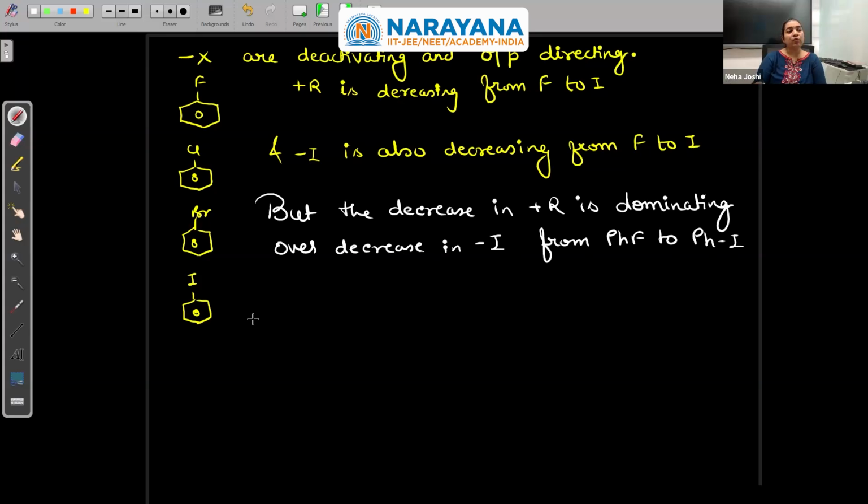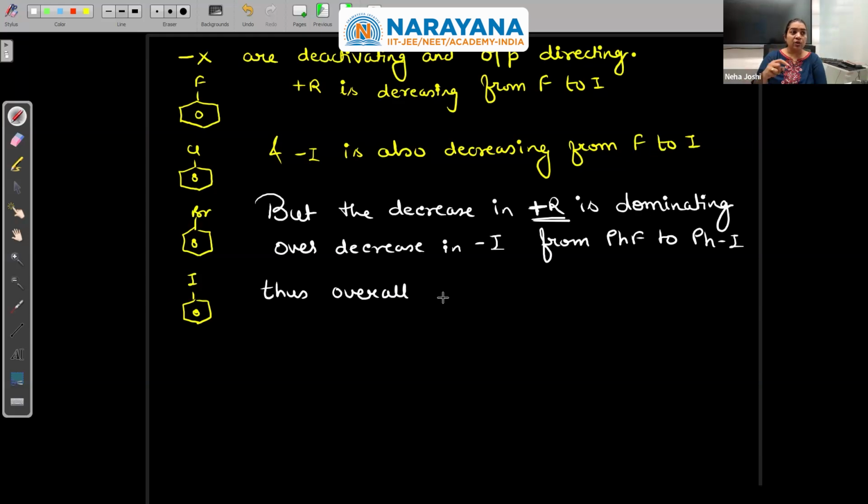If I compare that, which is decreasing more? So please process. I'm going very slow so that you can process. The decrease in plus R is dominating. It means that the pulling tendency is decreasing with a lesser magnitude and the donation tendency is decreasing with a higher magnitude.